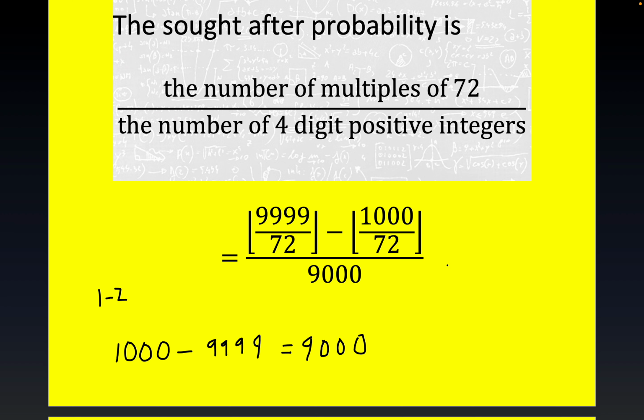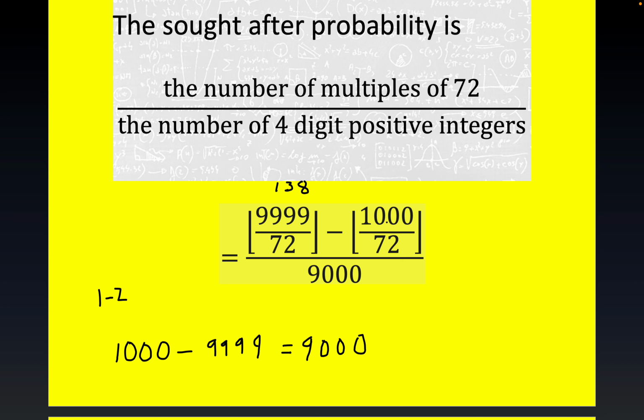Now, the calculations here, I'll just go ahead and write the number directly above it to save some writing. This number is 138. You guys can verify that. I double-checked it, pretty sure I got it right. That says there's 138 multiples of 72 less than 9,999, which would include 1 through 999, right?